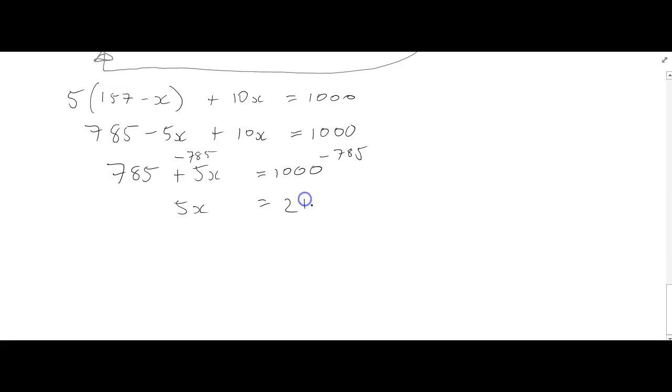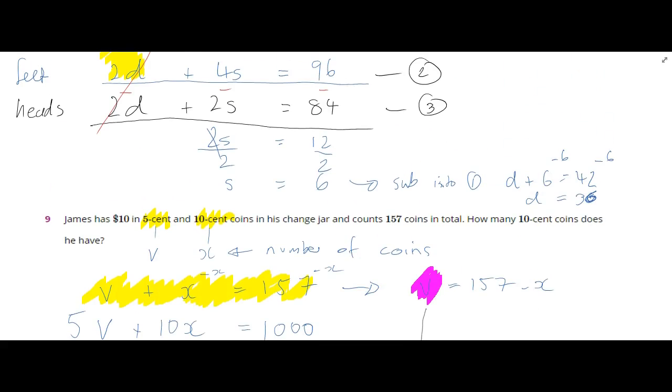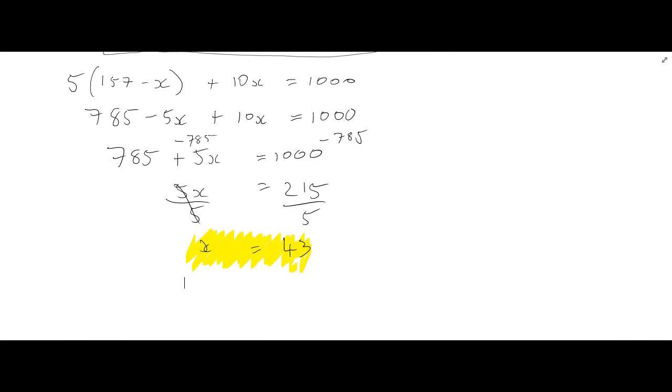So that's 215. Divided by 5, divided by 5, X is equal to 43. So that's one of my answers. That's how many 10-cent coins are in the jar. If you have a look at the original question, how many 10-cent coins does he have? You've got your answer there, 43.